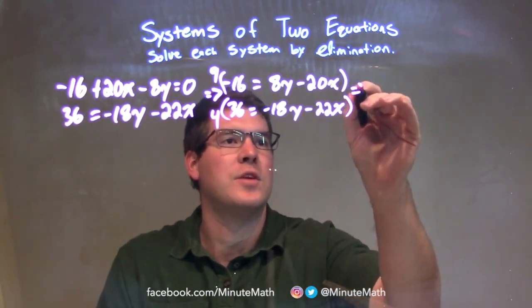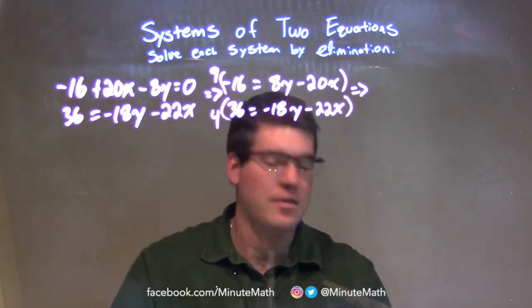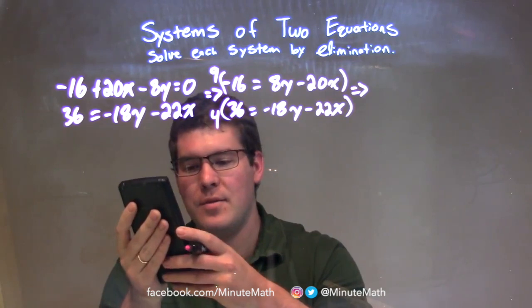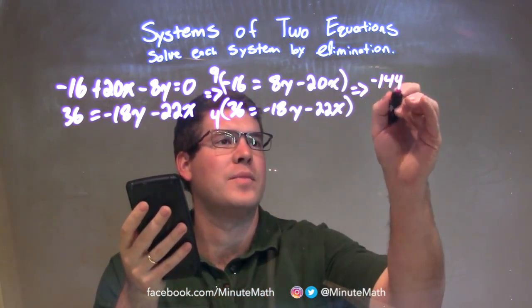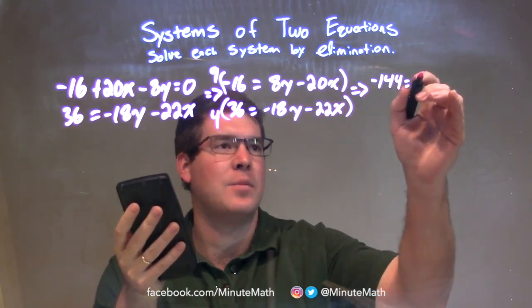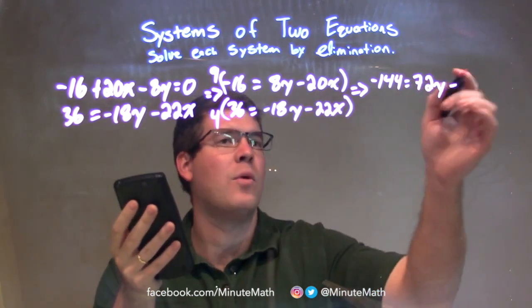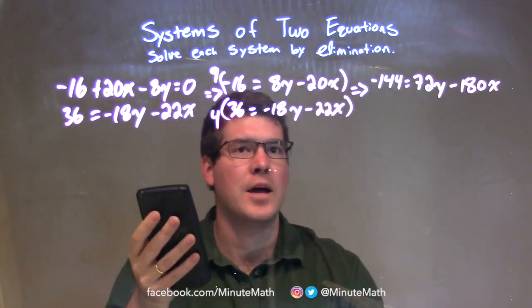Now we're going to get some large numbers here, but sometimes that just happens. All right, 9 times -16, which I don't know off the top of my head. 9 times -16 is a -144. And that's equal to 9 times 8y, which is 72y, minus 9 times 20 is 180x. So we have -180x.